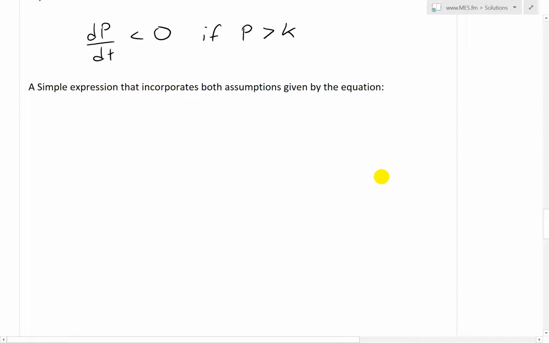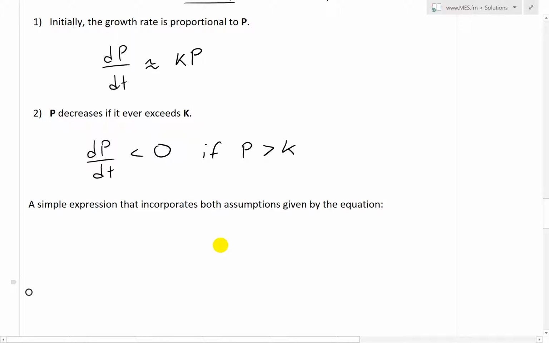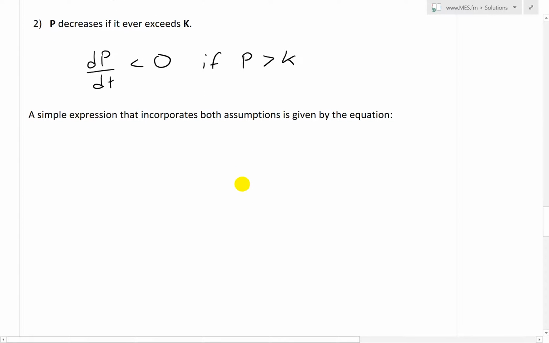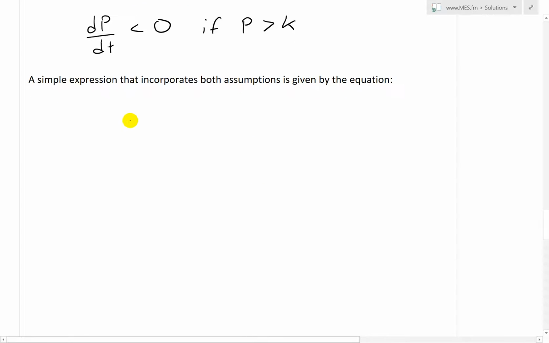And now what's interesting is a simple expression that incorporates both these assumptions. I'll draw that right here. The differential equation will look at something that's pretty simple but still matches both.